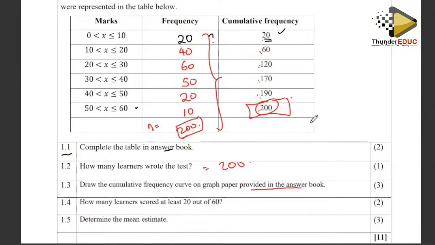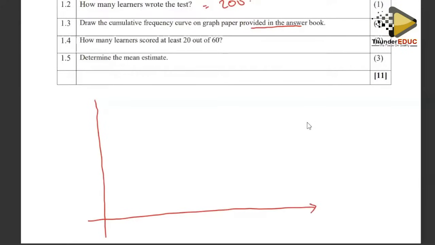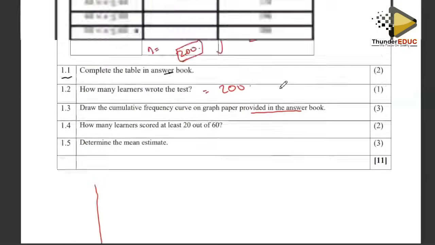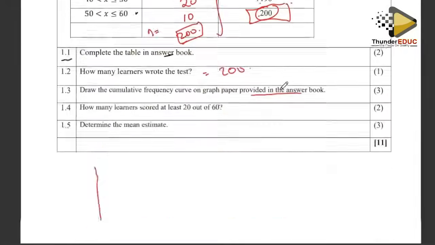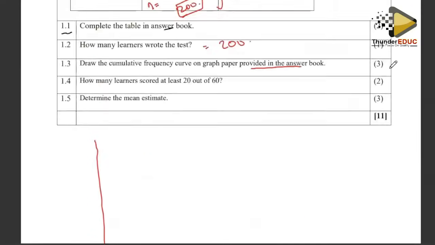I don't have that page, but I'll try to just put it down here, just for the purpose of people having an idea. With the intervals, we have 0 up to 60, so I can use 10: 0, 10, 20, 30, 40, 50, and maybe 60.